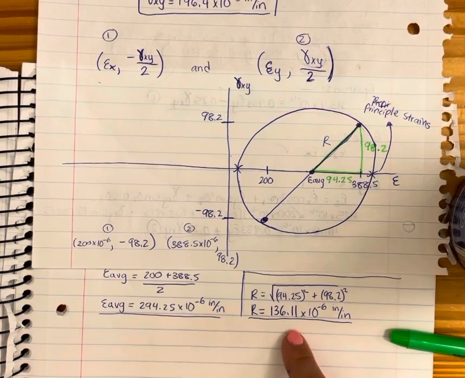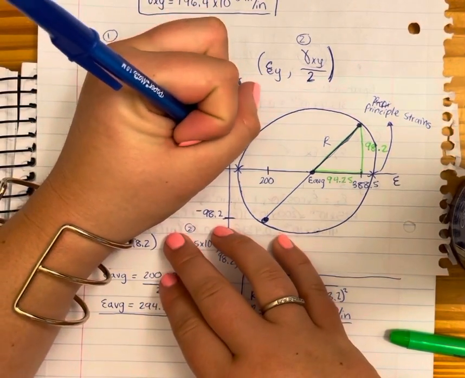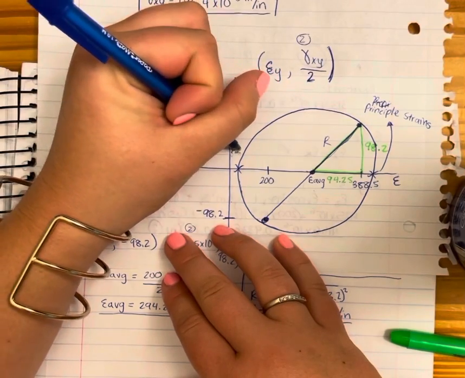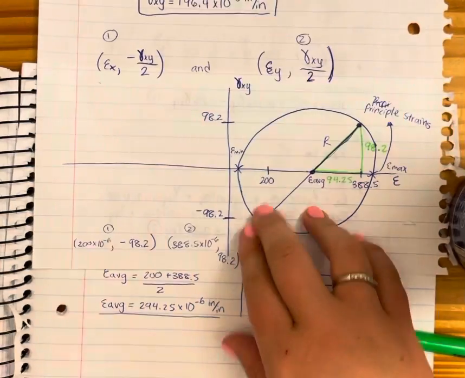Now that we have the radius, we can solve for the strain minimum and the strain maximum.